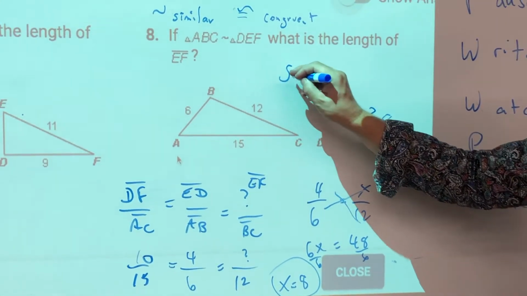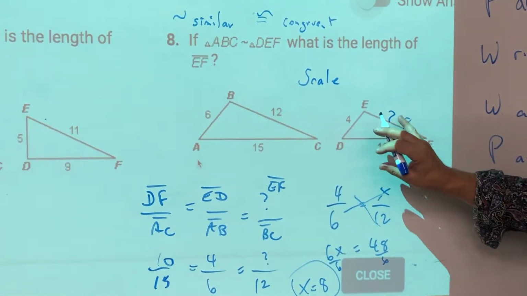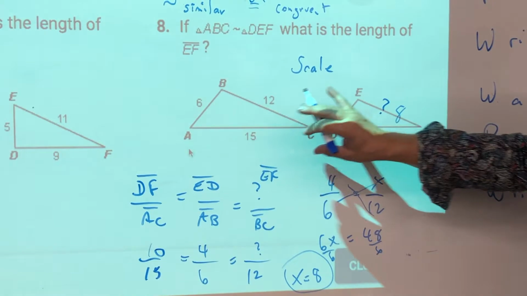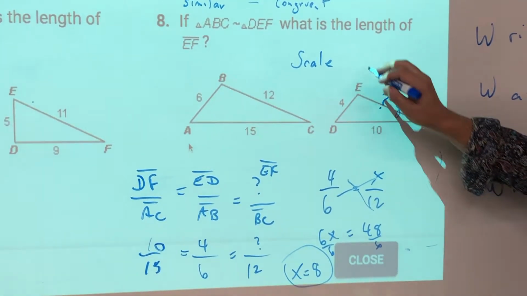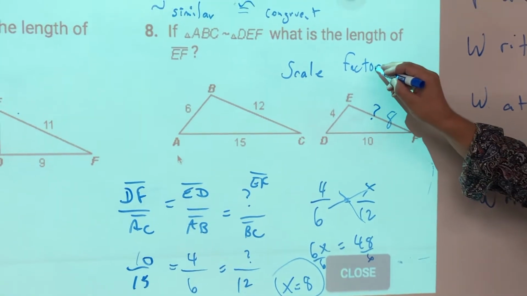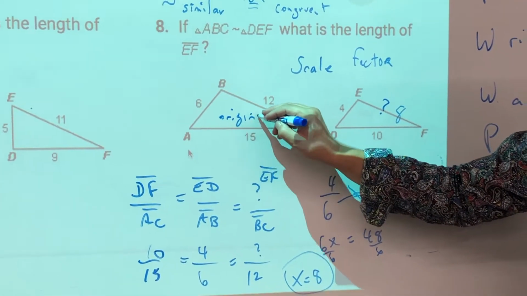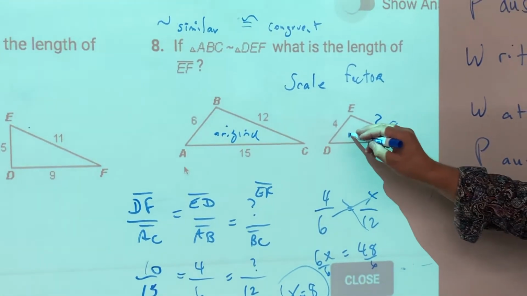The scale factor here, okay, because if we're looking at this as the original triangle and this is the new triangle, then it means that this one's getting smaller. So if they don't tell you that, you can't necessarily know which one's getting bigger or which one's getting smaller. But if this is the original, then this is new.